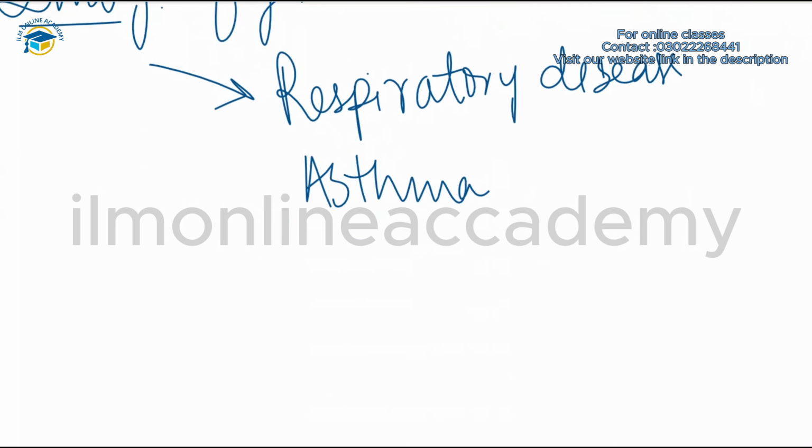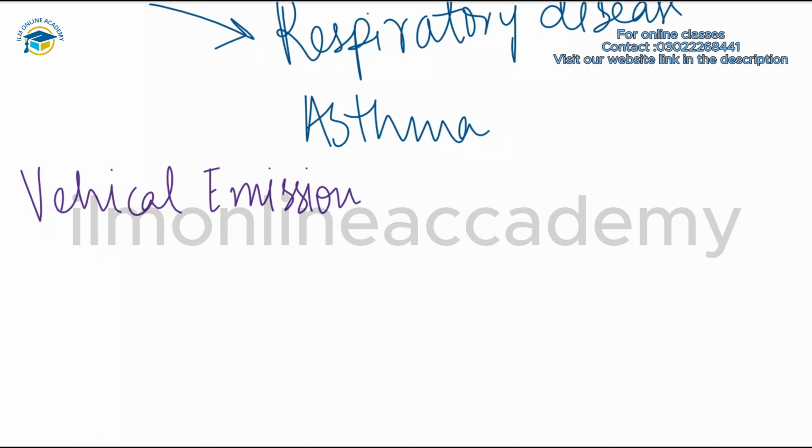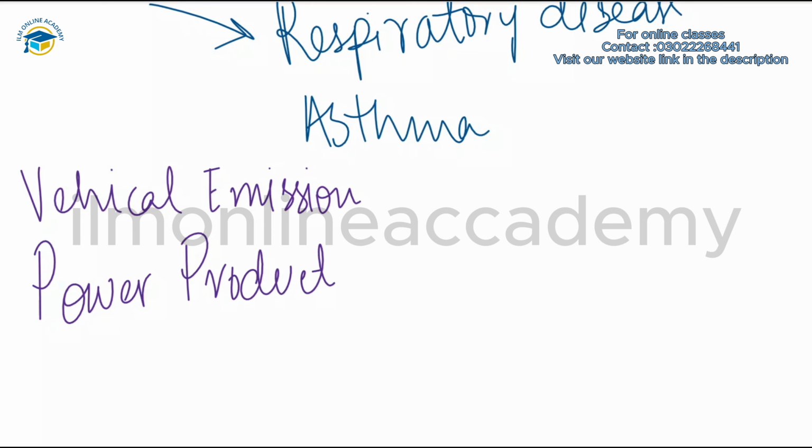These include, first, vehicle emissions. From the vehicles, they emit the oxides of nitrogen. Then power production industries also produce them.